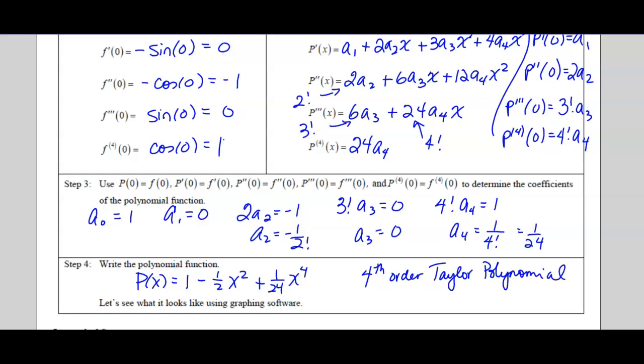Notice that if you even went to the 5th derivative and compared that, you wouldn't have another term. So in a way, if you're trying to approximate it more closely by taking one more derivative, it still would have the same approximation.